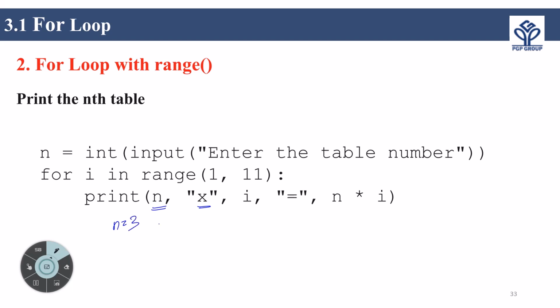Clear? 3 into 1 is equal to 3. Then 3 into the i value, which is incremented, up to before 11. So 3 into 2 is equal to 6. Clear?